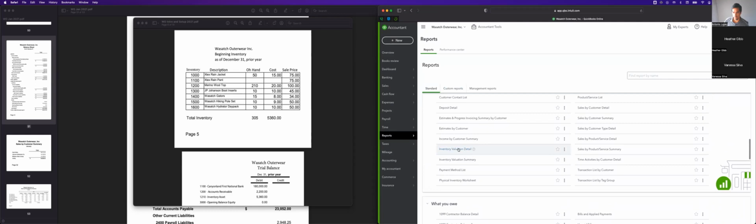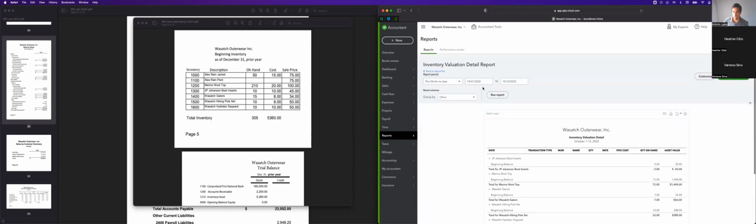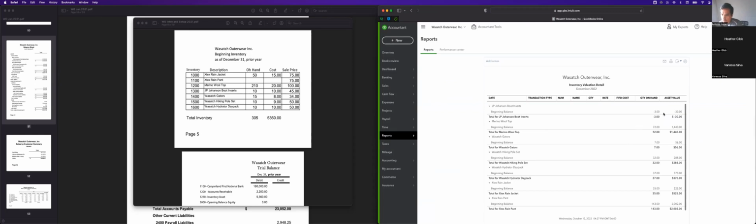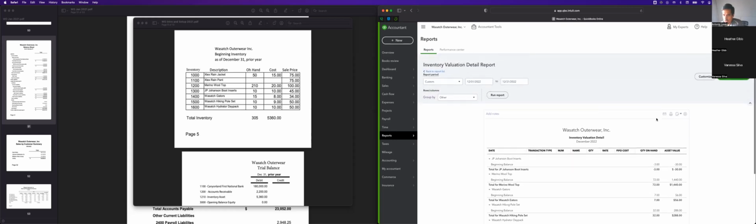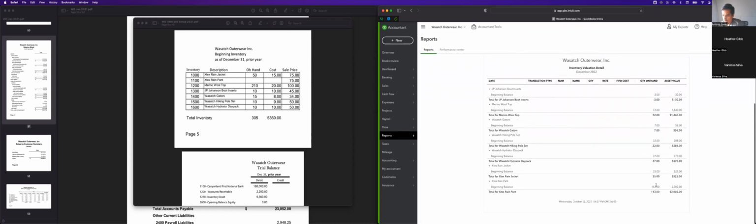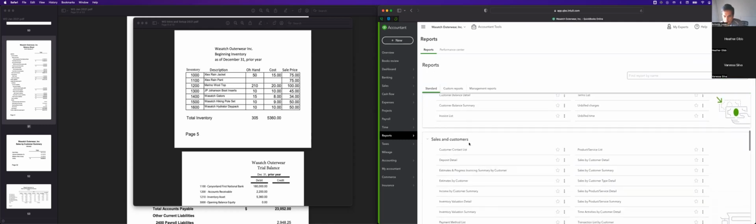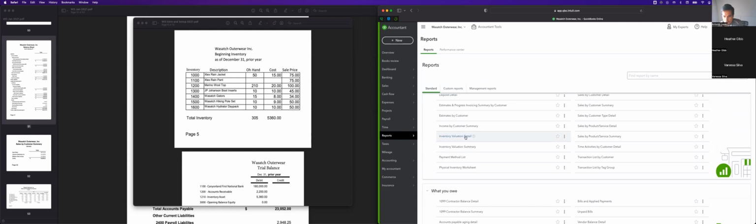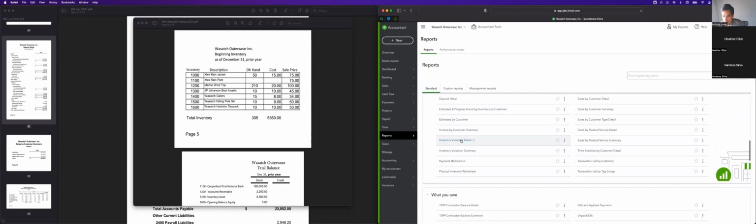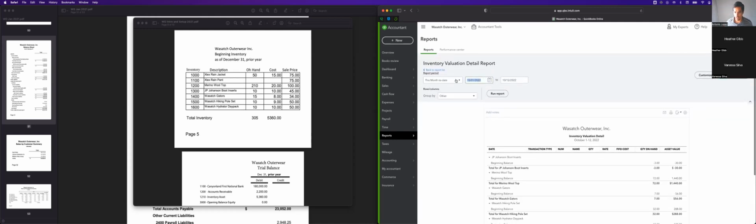Where is our inventory valuation detail? So JP Johnson boots and shirts, beginning balance. Where is, oh, that's why.